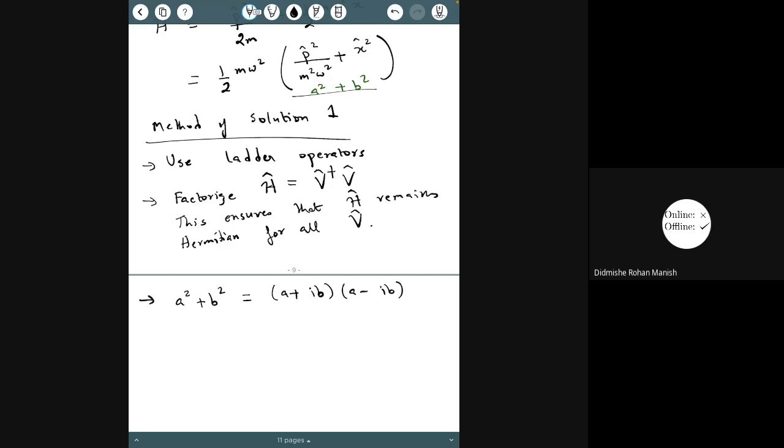So here actually we have p and x, which we know for sure don't commute. So we have to be careful and verify this. So we will verify this. Let's see.